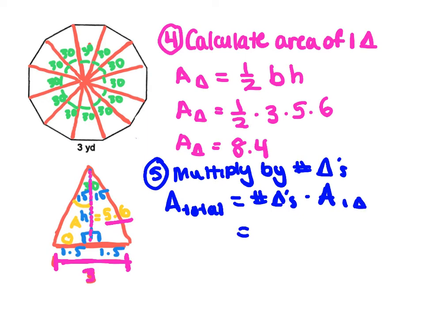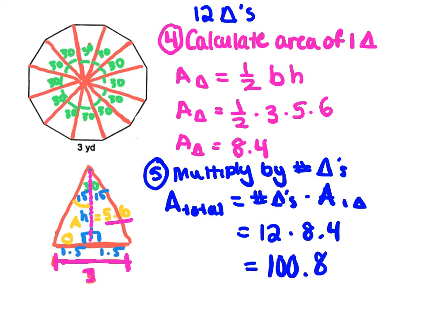So in this case, we found in the first part that there were 12 triangles. So it's going to be 12 times 8.4. Multiplying by 12 gives a value of 100.8 yards squared, which is our final answer.